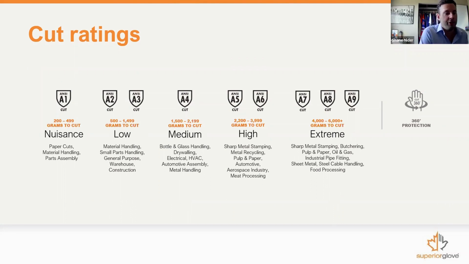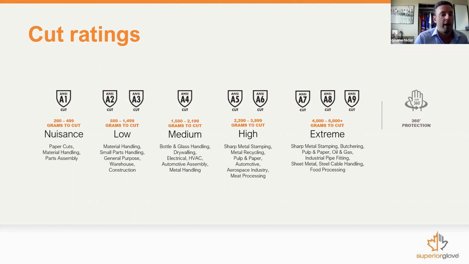Now that you have an understanding of the graduating scale, the higher the number, the more performance you can expect from that product. So when you're analyzing your application, try to understand, is this a nuisance level application? Is it moderate risk? Or no, this is extreme. Then you can make the correlation with the correct product.